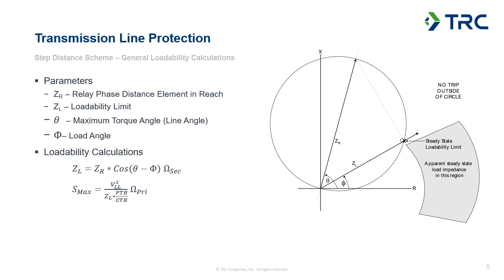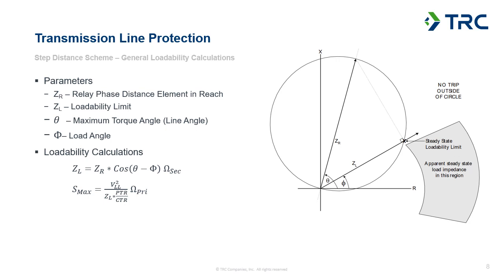So I've got another diagram here that gives some math behind how you go about calculating the loadability limit based on a mho characteristic at a given max torque angle, and the loadability requirements that are outlined in NERC PRC 23.